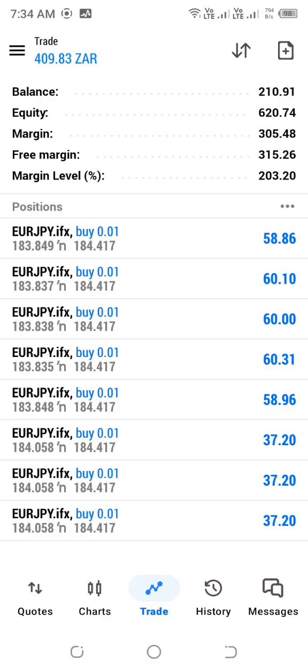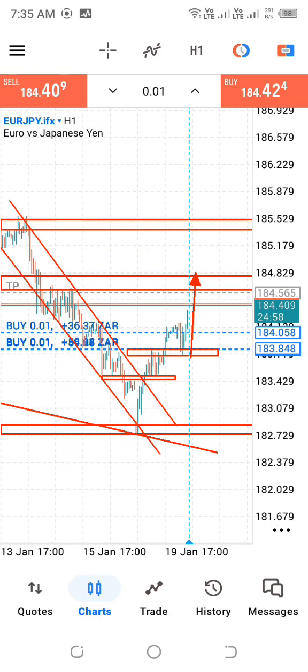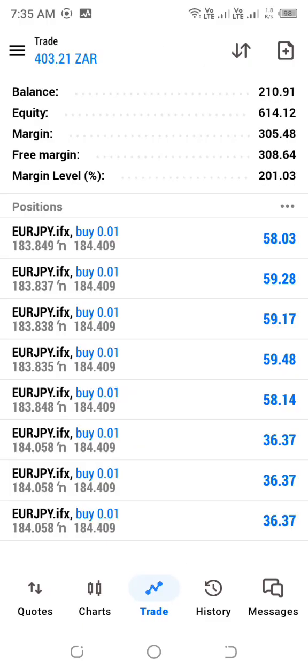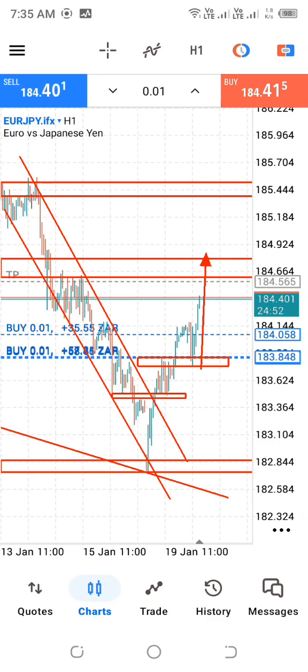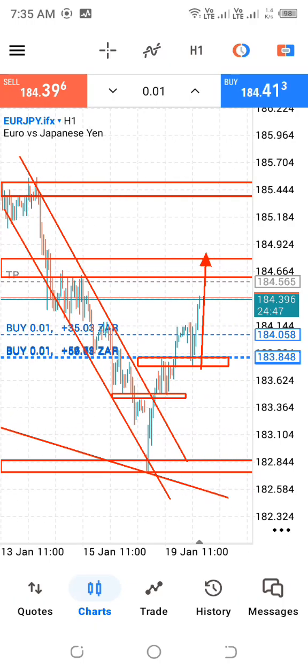The account was on 100 rand. But anyway, this is the account that I'm holding now. I'm on 600. We'll show you the next trade.